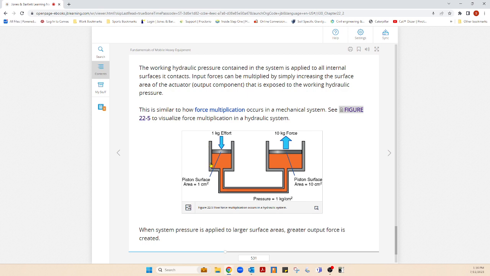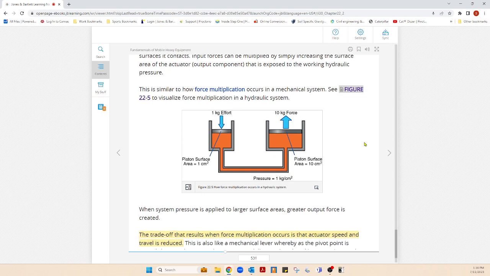You're only going to go a tenth of this in distance. It takes a lot of fluid to fill this thing up, and so you got to push this a long way to get a little ways here. But that's the way all this equipment is designed.